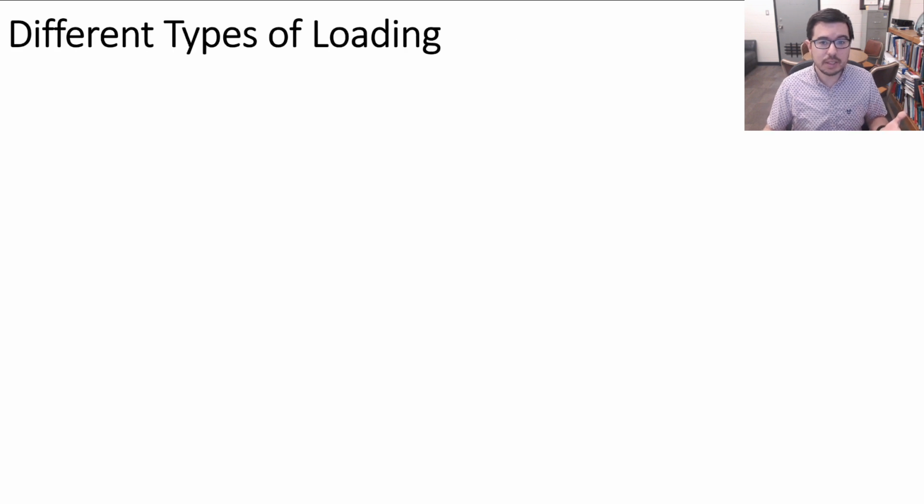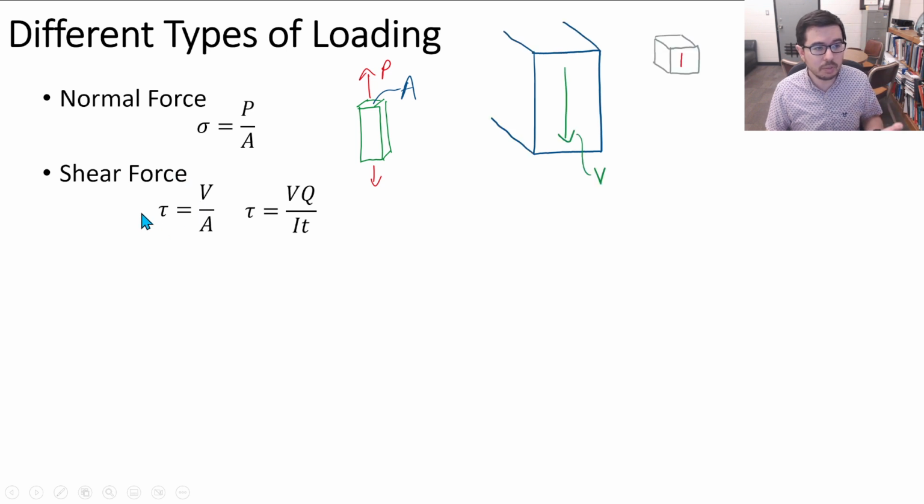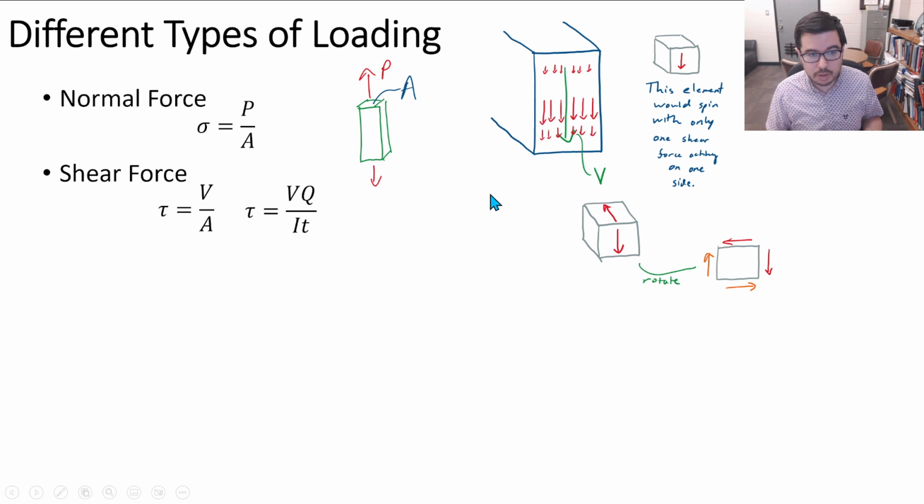We've also seen this slide before, which describes the different types of loadings we've covered in the course up to this point. So we've discussed normal forces and the normal stresses associated with them. We've discussed shear forces and the transverse shear stress associated with them in a beam.